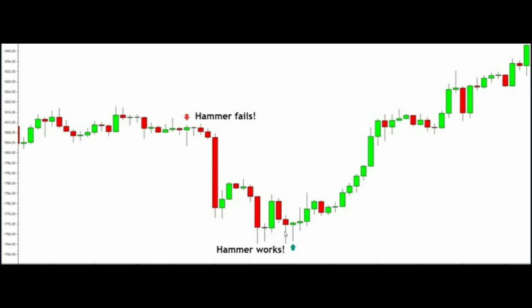This is a logical stop loss because after a hammer, a trader wants price to reverse to the upside, and the lower tail of the hammer provides a cushion of buying pressure. The entry happens at the open of the very next bar, with the stop a few pips or ticks below the lower tail.